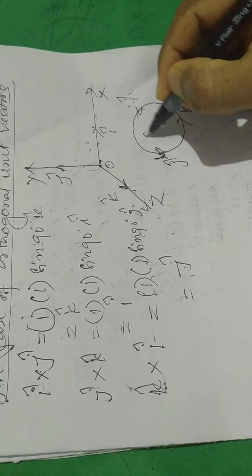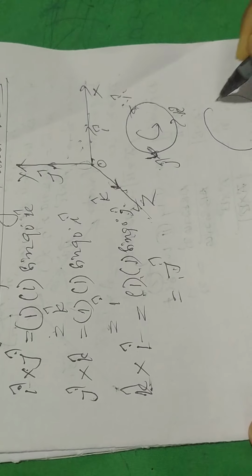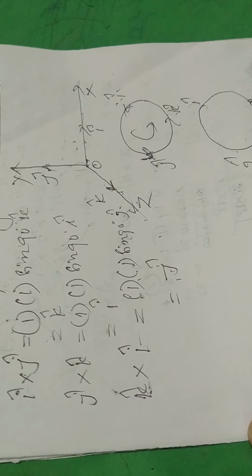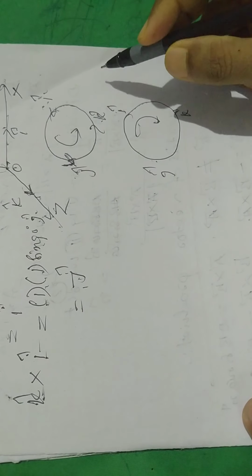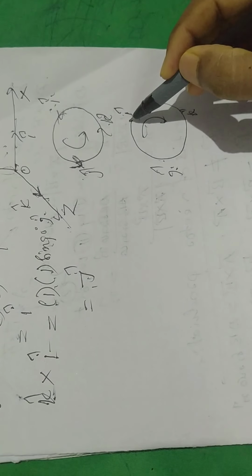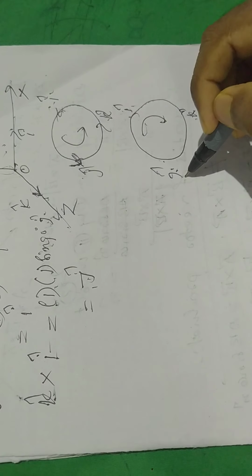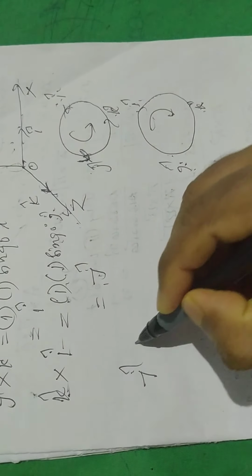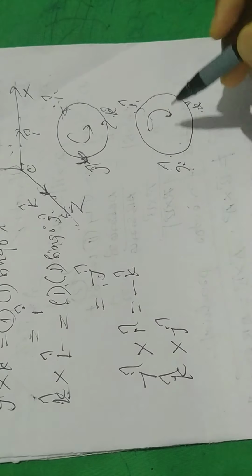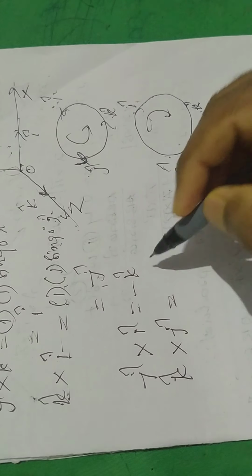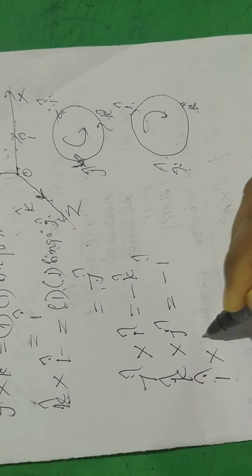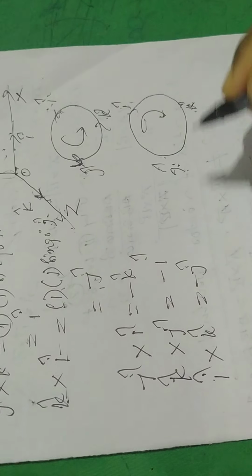This is anti-clockwise direction. If you write clockwise direction, i, j, k, clockwise means j cross i is minus k cap, k cross j is opposite direction, so minus i cap, and i cross k is minus j cap.